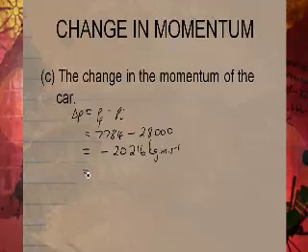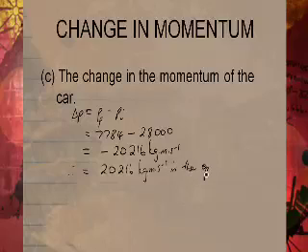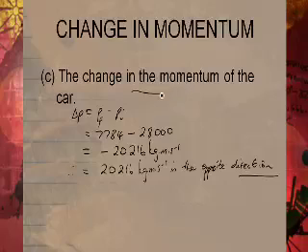This is the change in momentum. Therefore, this change in momentum is 20,216 kilograms meters per second in the opposite direction. Why am I saying so? Because I've calculated and find that, as we did in our calculation, the direction of motion was taken to be positive.